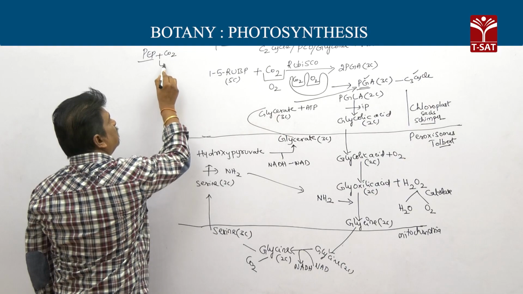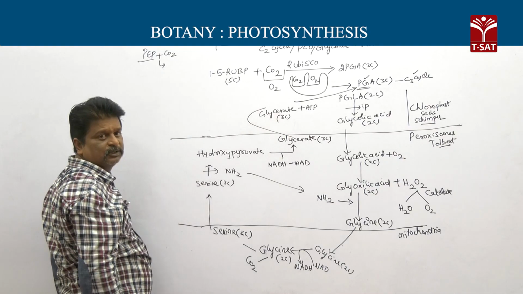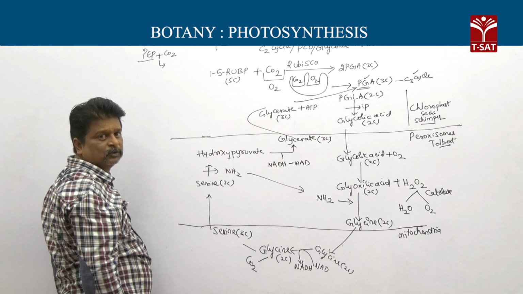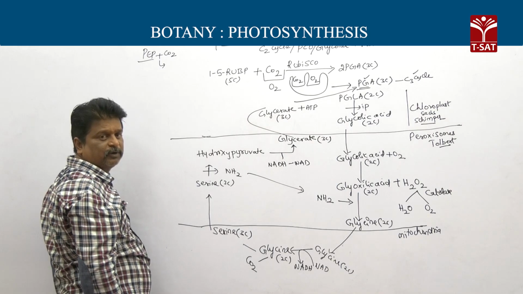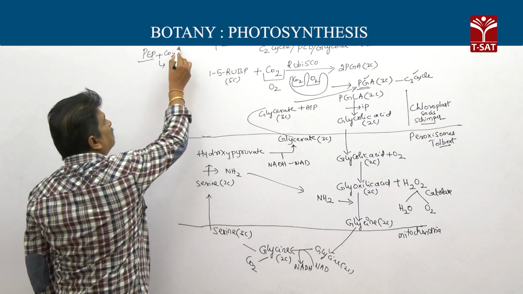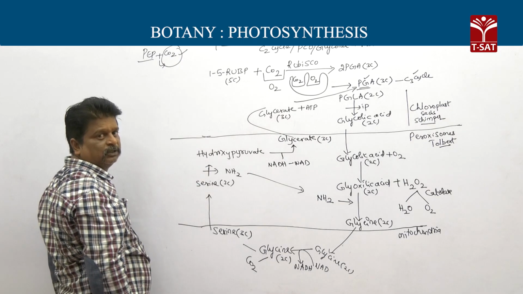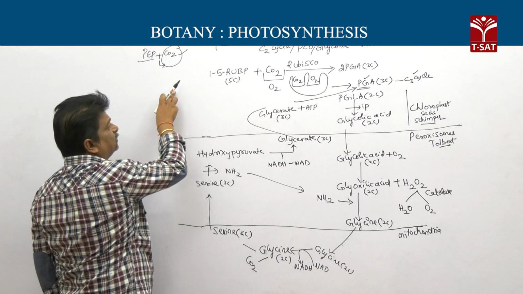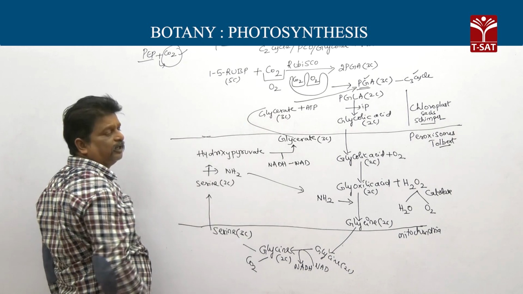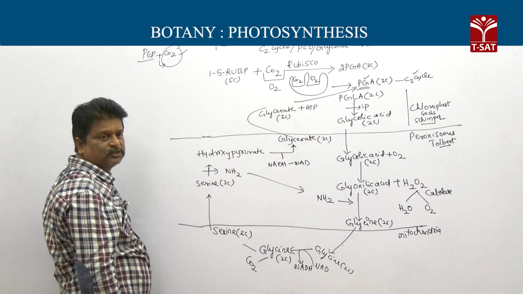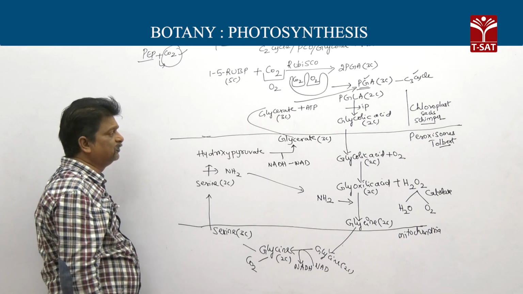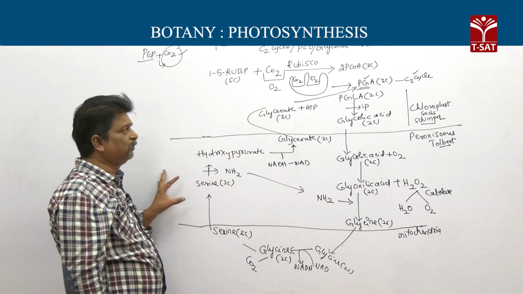This efficient carbon dioxide fixator always fixes carbon, so in C4 plants intracellular carbon dioxide concentration is always increased and more than oxygen. So, there is no chance of photorespiration in C4 plants.